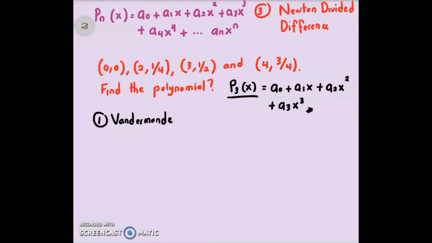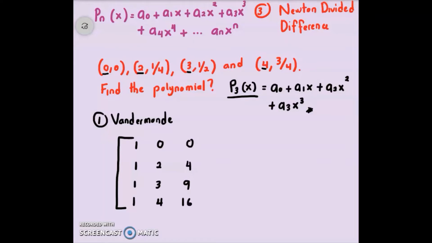So when I approach this, first we construct a big matrix. The first column will always be 1. The second column will be your x values, which are 0, 2, 3, 4. The third column will be the square of these: 0, 4, 9, 16.